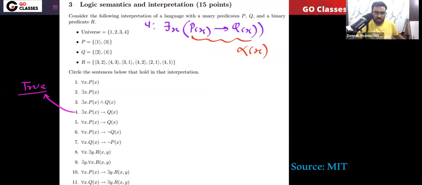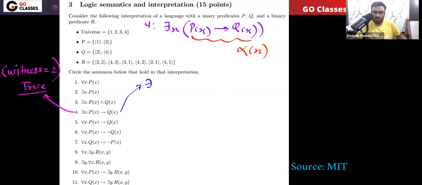And who is the witness? Tell me who is the witness. You can take witness equal to 2. Is this clear? Very simple point. I am just saying that there exists x, p(x) implies q(x).